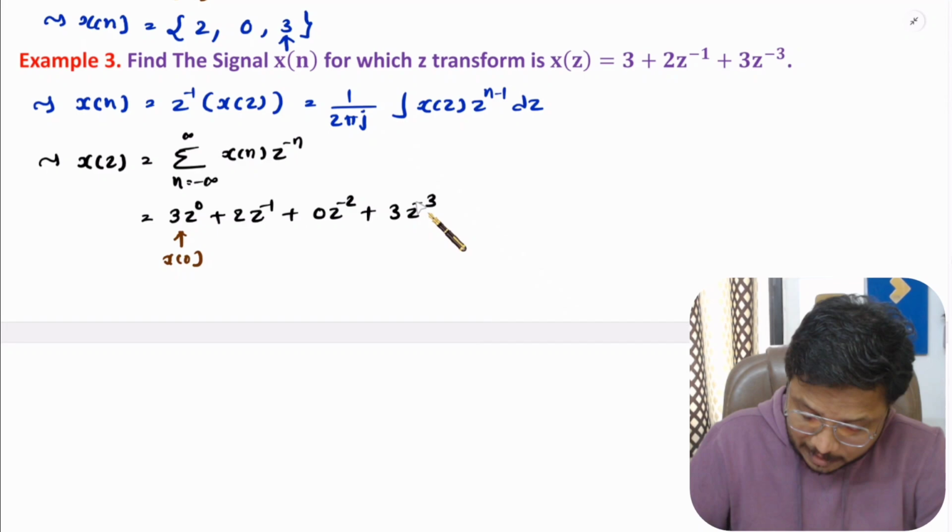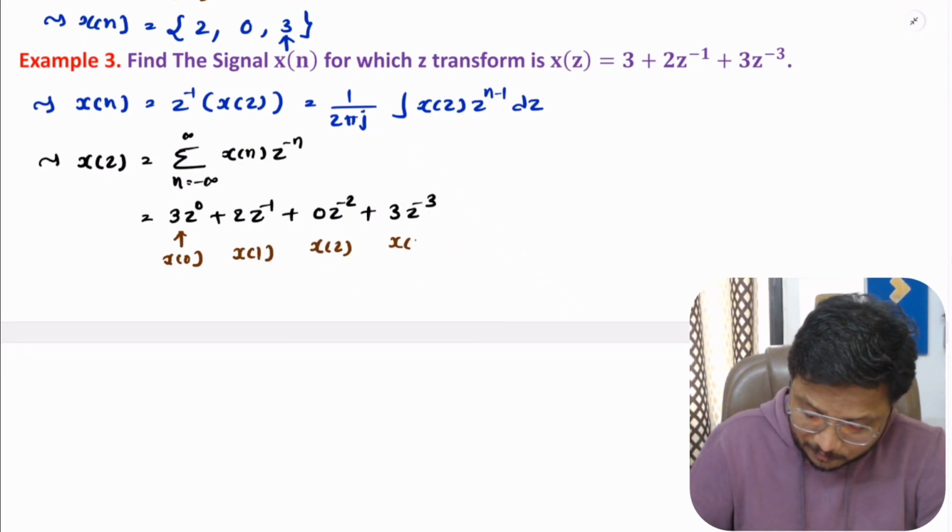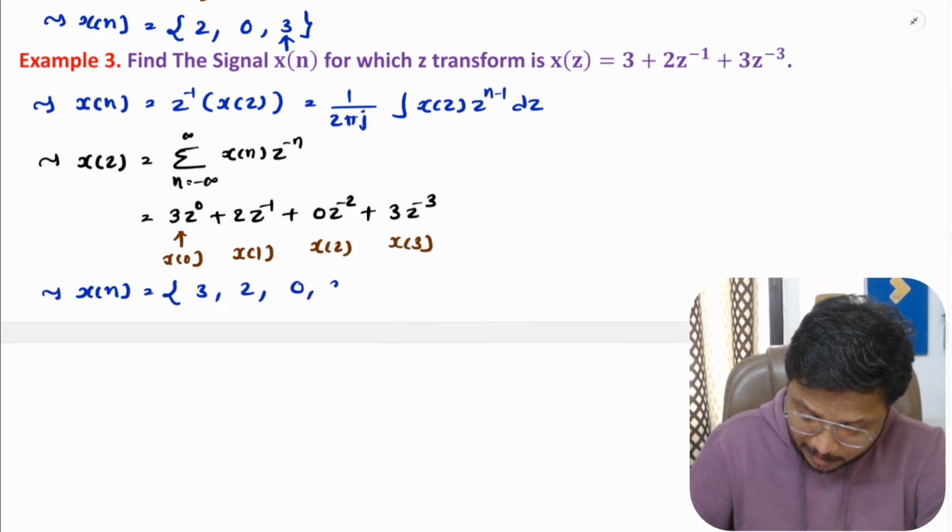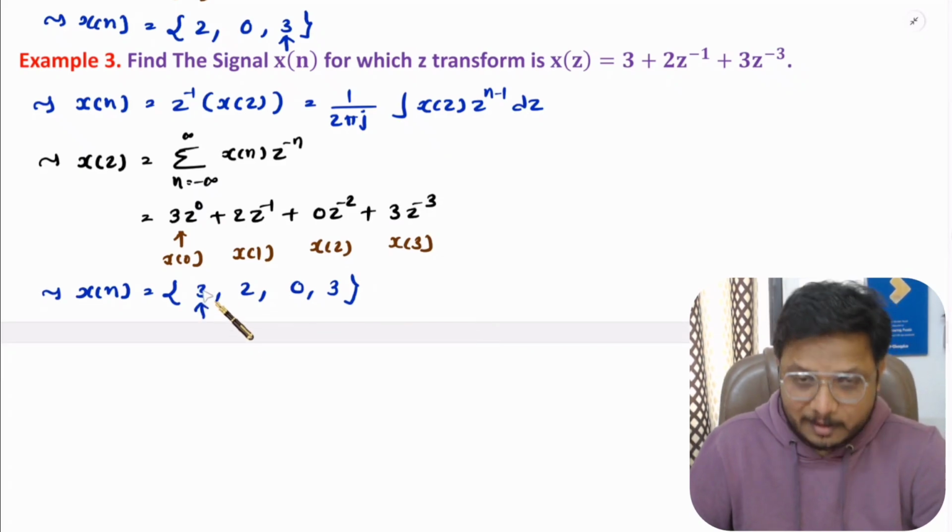And if you go in this direction, then we have x of 1, x of 2, and x of 3. So here we have x of n with coefficients 3, 2, 0, 3, and the reference is at x of 0, meaning it is there over here, right?